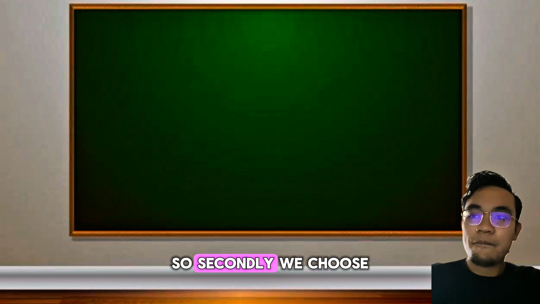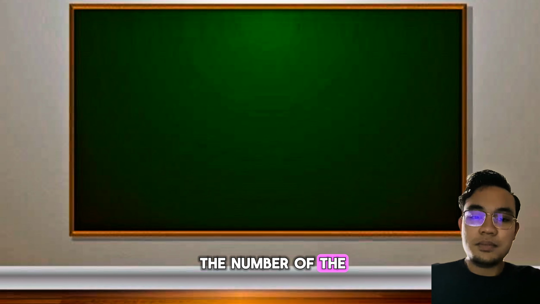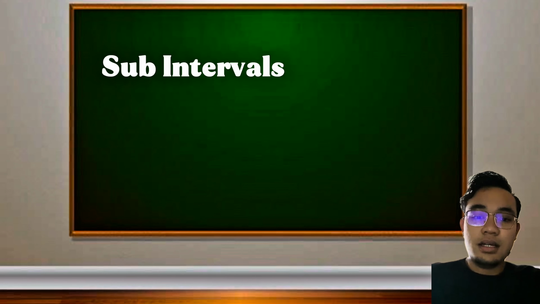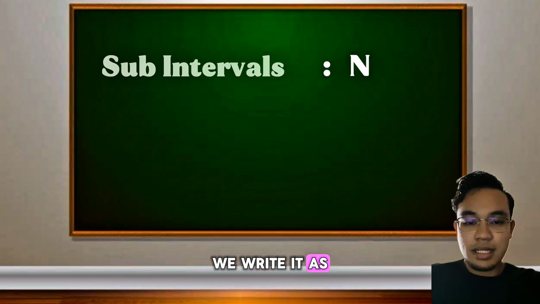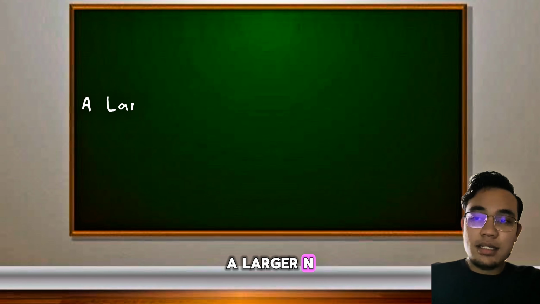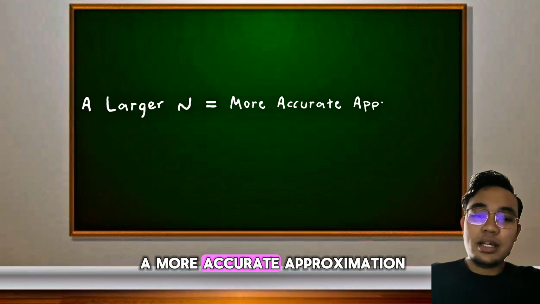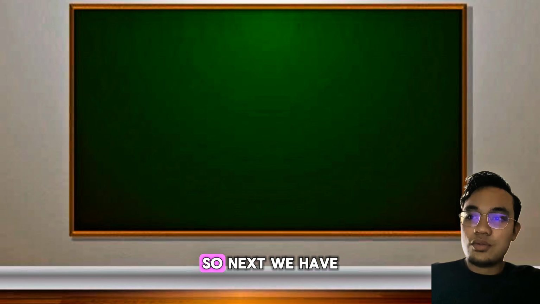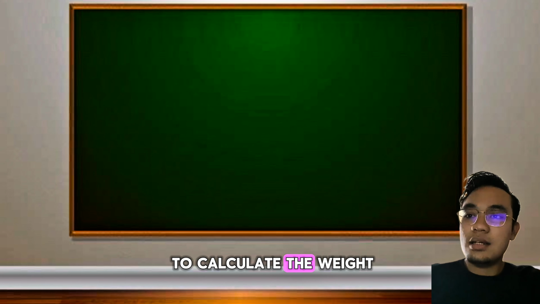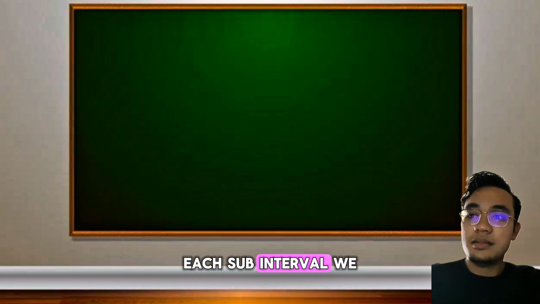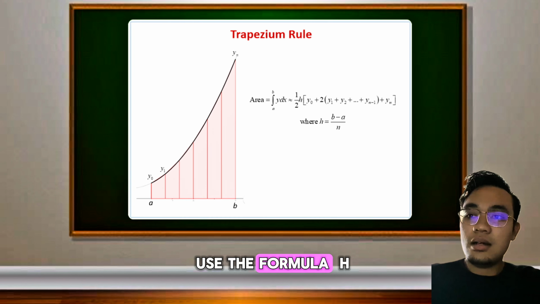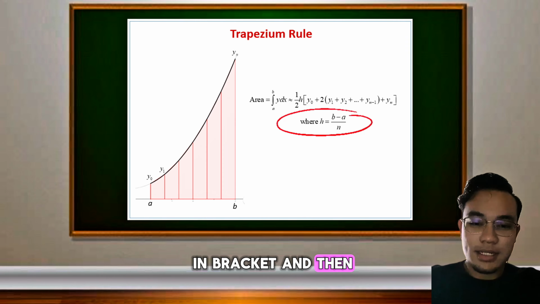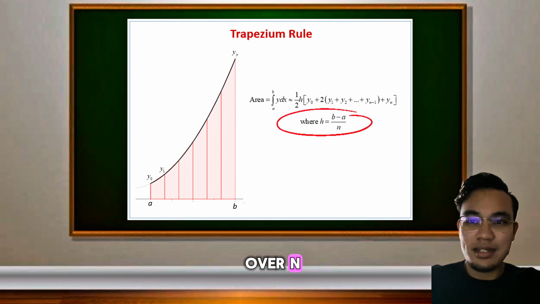Secondly, we choose the number of sub-intervals. We write it as N. A larger N generally leads to a more accurate approximation. Next, we have to calculate the width of each sub-interval. We use the formula h equals bracket b minus a in bracket, over n.